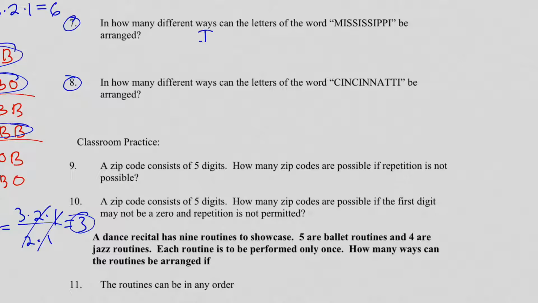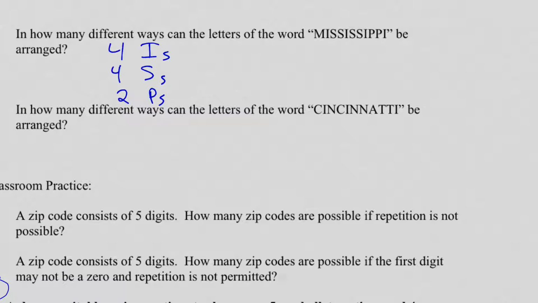So, how many I's? 4. 4 I's. How many S's? 4. Anything else repeating? All right, so that's going to create duplicates. That means we need to divide it out. So, how many letters total for Mississippi? 11.